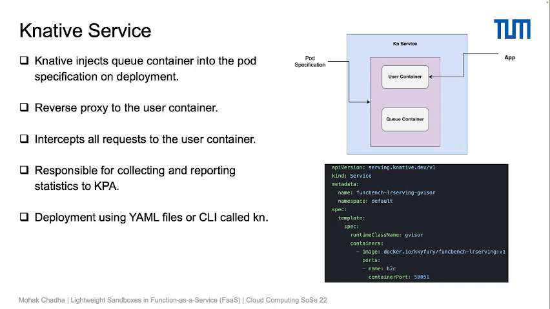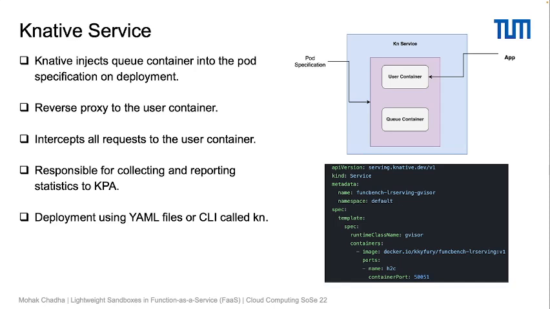All requests to the service first go through the queue container and are then transferred to the user container. It is also responsible for collecting the metrics which are used for scaling the services.